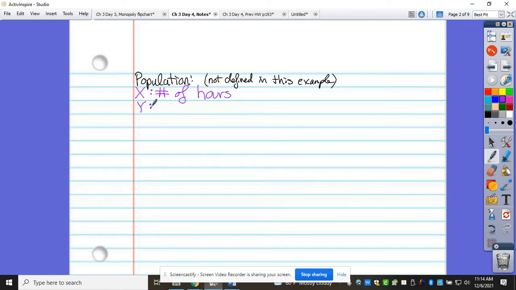So what does that leave Y to be? Number of bacteria. Number of a certain type of bacteria. And what else? I missed the two things. Present and in thousands.